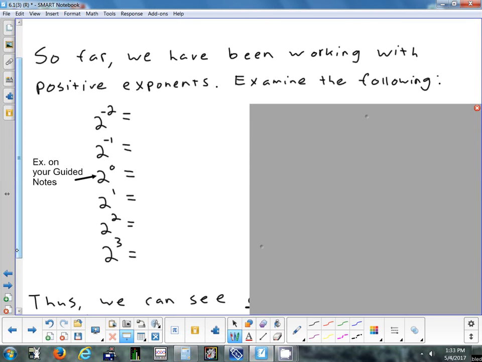All right, so let's start with 2 cubed. What's 2 cubed? 8. How about 2 squared? 4. And we're going to stop with 2 to the first. 2. What did we do to get from 8 to 4?